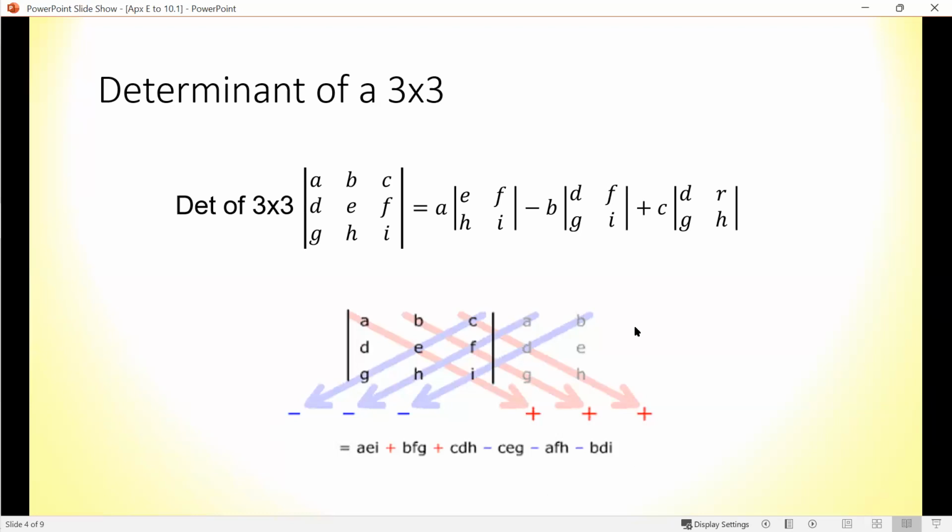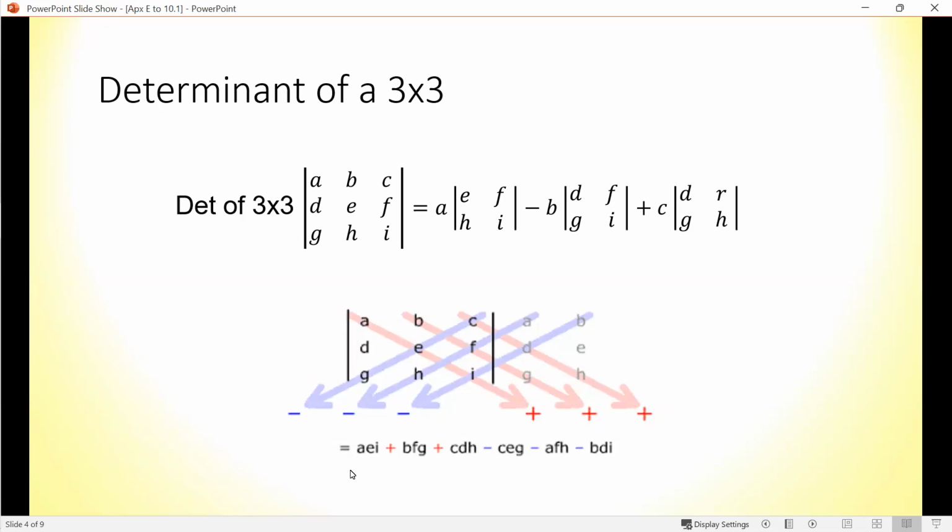And this other method actually ends up giving you the same thing as the previous method. So A times E times I is going to be added. If we look up here, we multiply A times E times I. And then A times F times H is going to be subtracted. And if you notice up here, we multiply A times F times H, but when we find this piece of the 2x2, that's a subtraction.